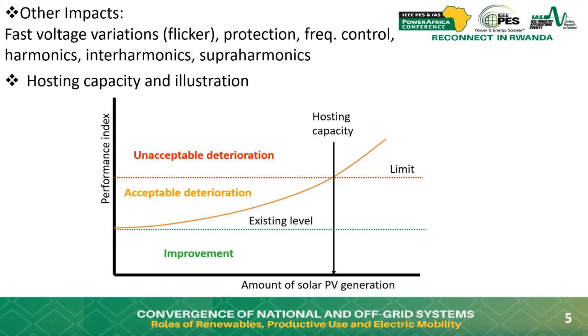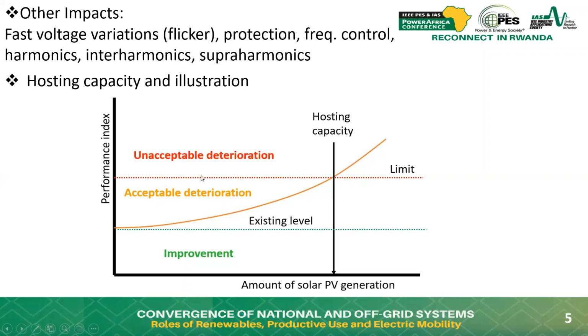So if we use this illustration here, we see that with an existing level of a certain phenomenon, which can be voltage or overloading, with the increase in solar PV penetration, you find that this starts to deteriorate from the acceptable deterioration to the unacceptable deterioration.